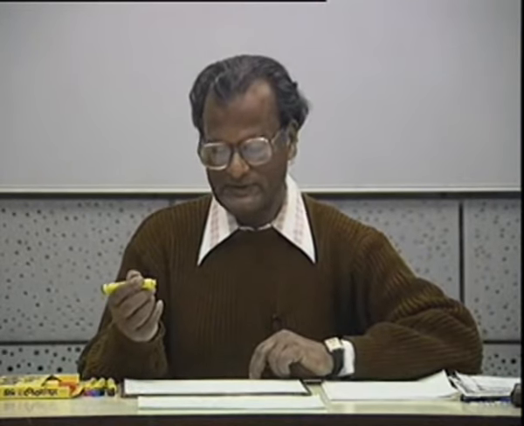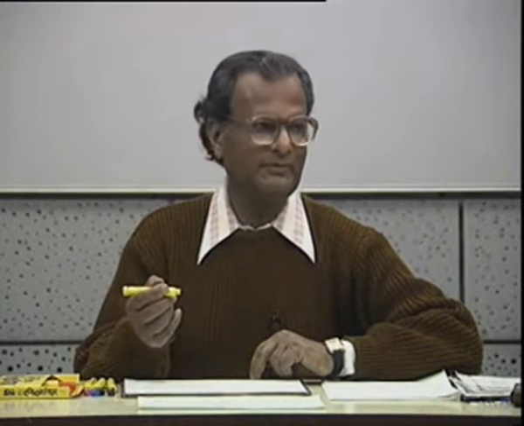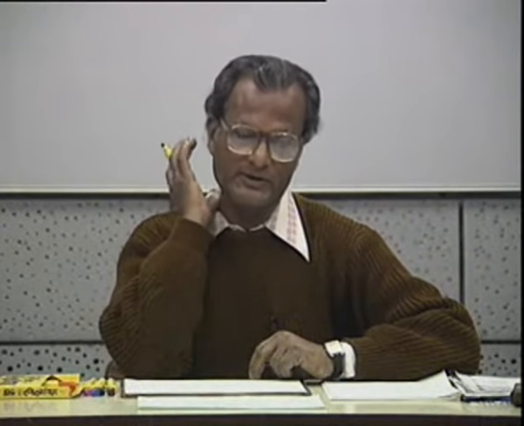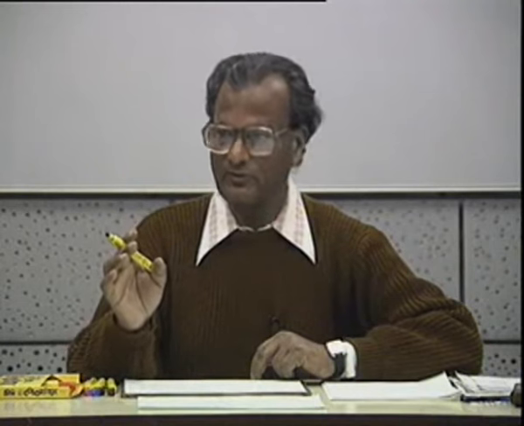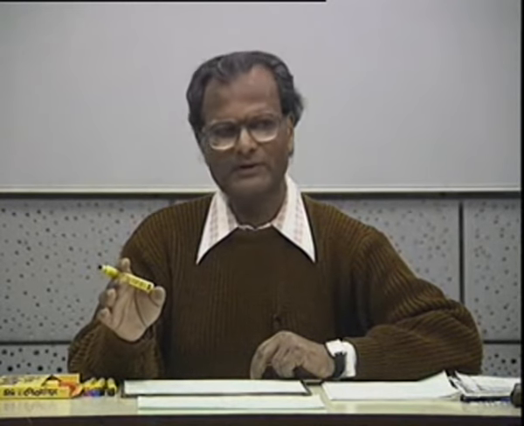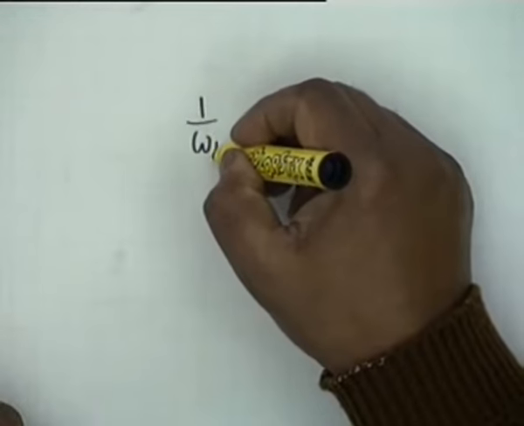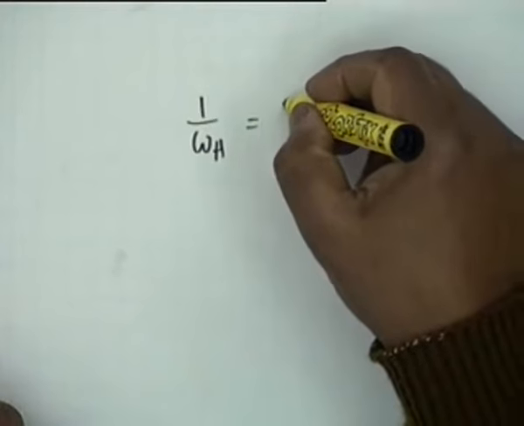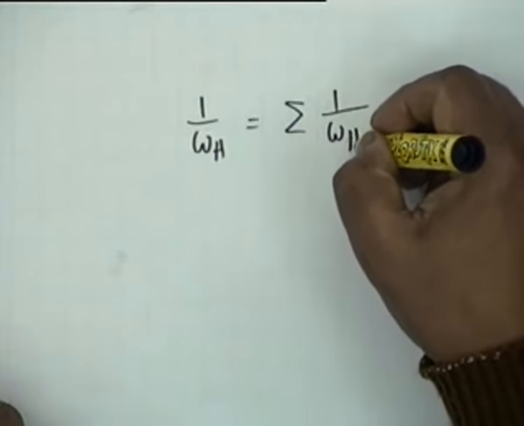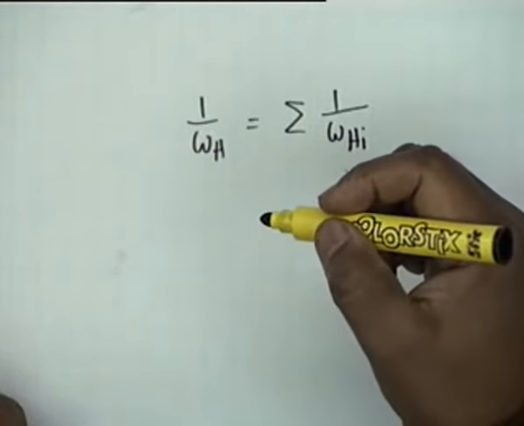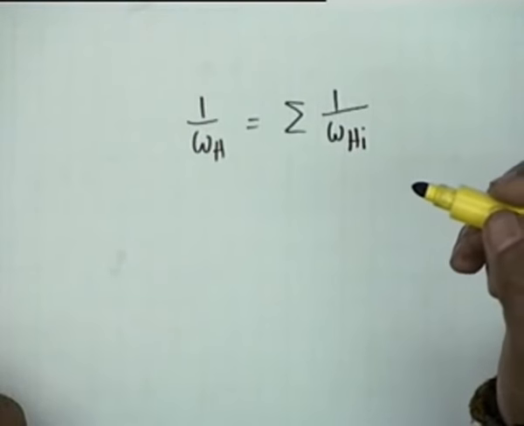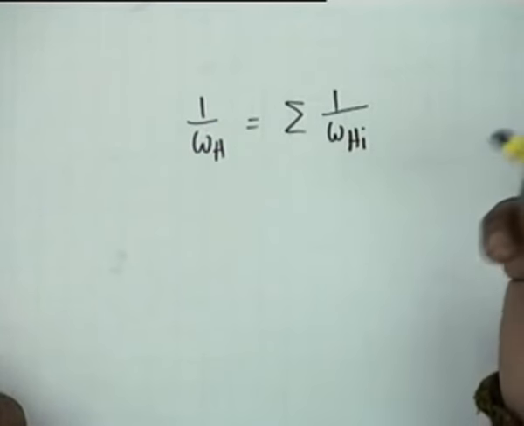And if you have several critical frequencies, omega h1, omega h2 and so on, then the overall high frequency critical frequency, or the 3 dB cutoff frequency, is given by 1 by omega h is equal to summation 1 by omega hi. In other words, the time constants, and I have also told you how to calculate the time constants.